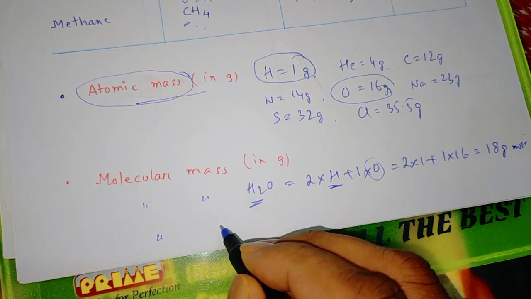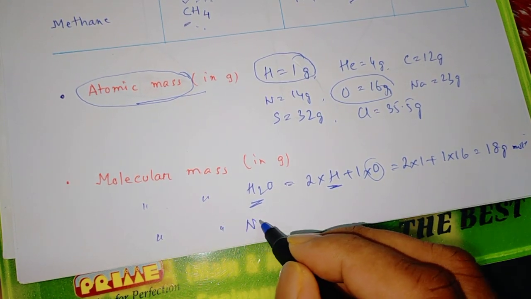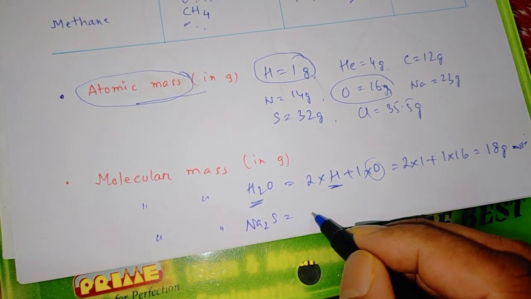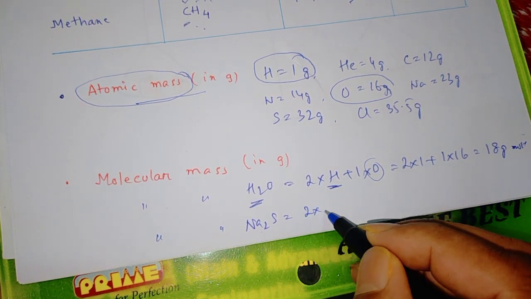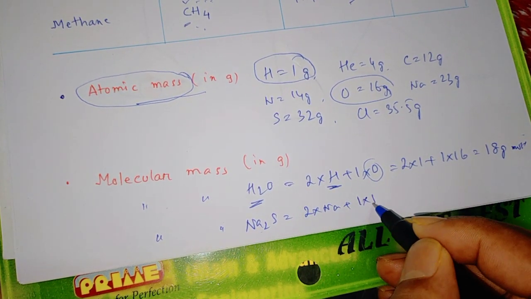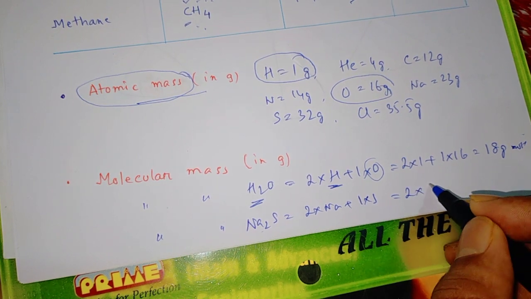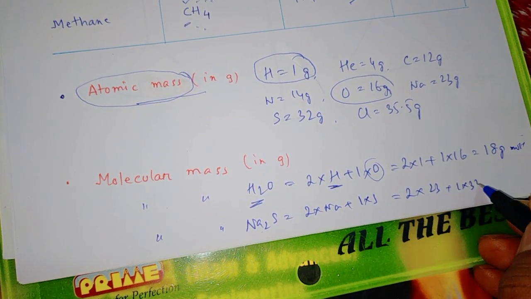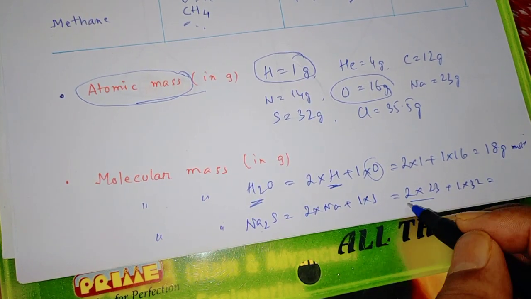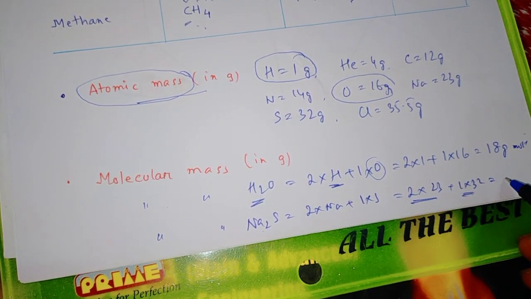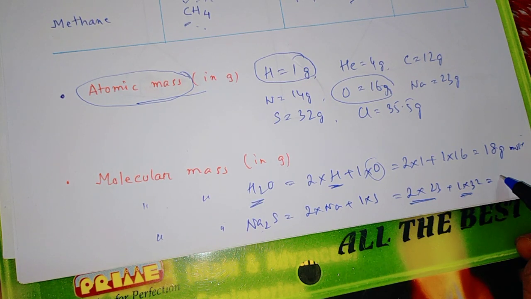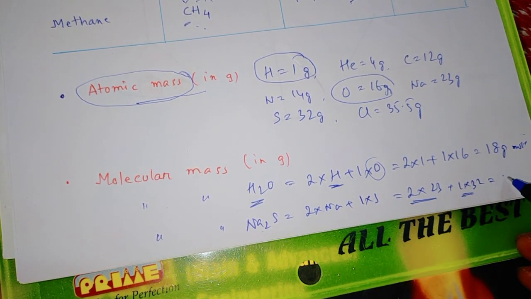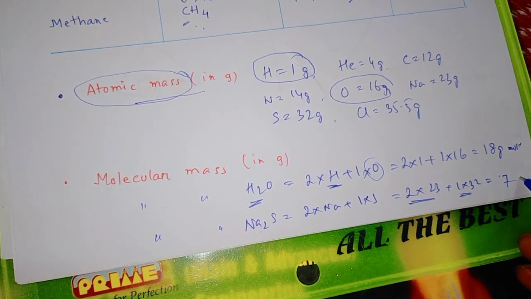So if you want to find the molecular mass of Na2S, so 2 into sodium, 1 into sulfur, 2 into 23, 1 into 32. So this is 46 plus 32, whatever comes here, 78.